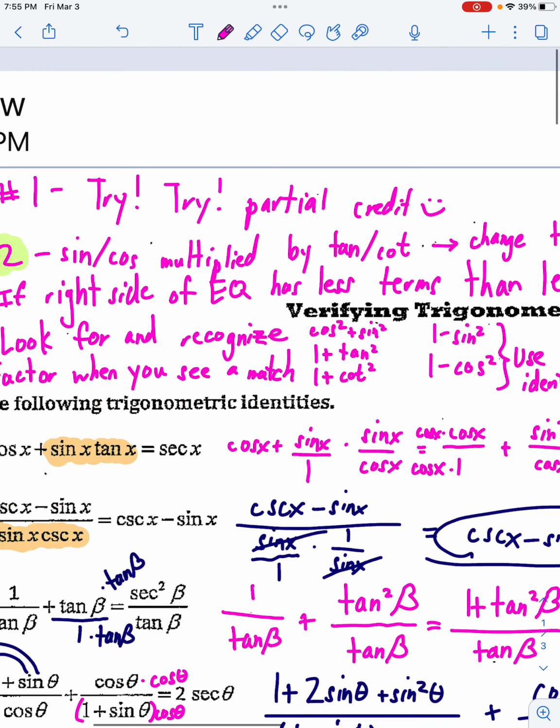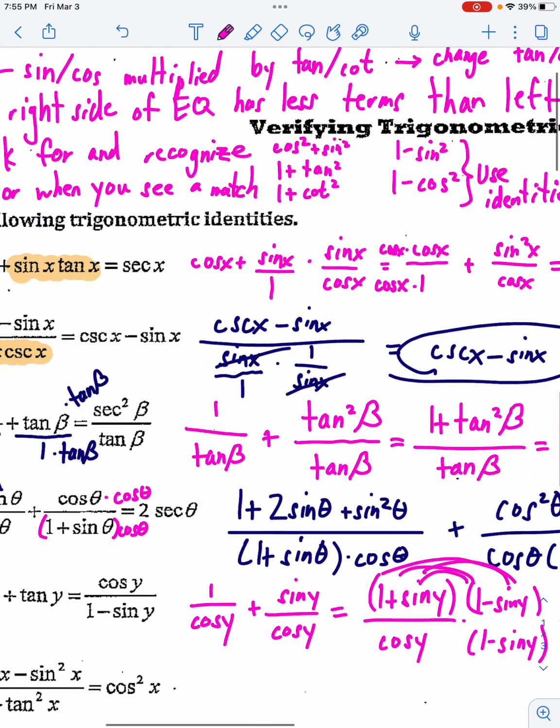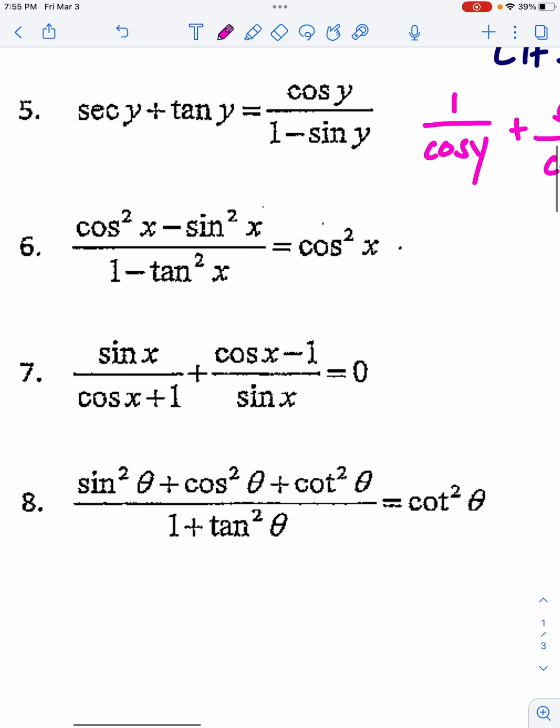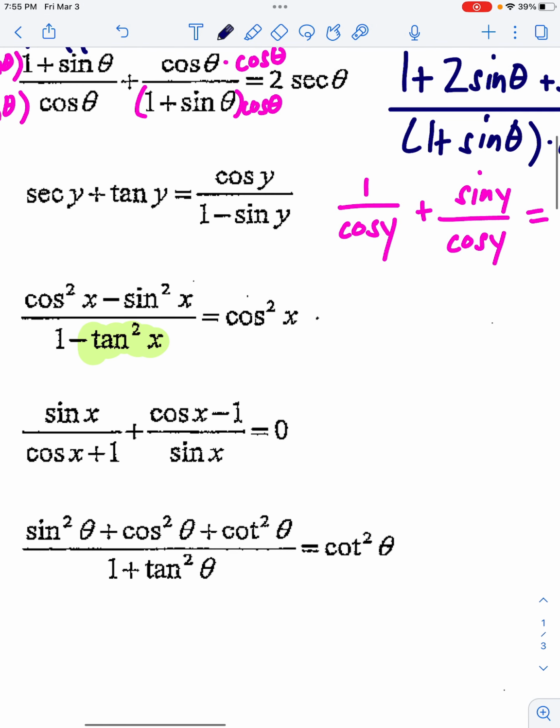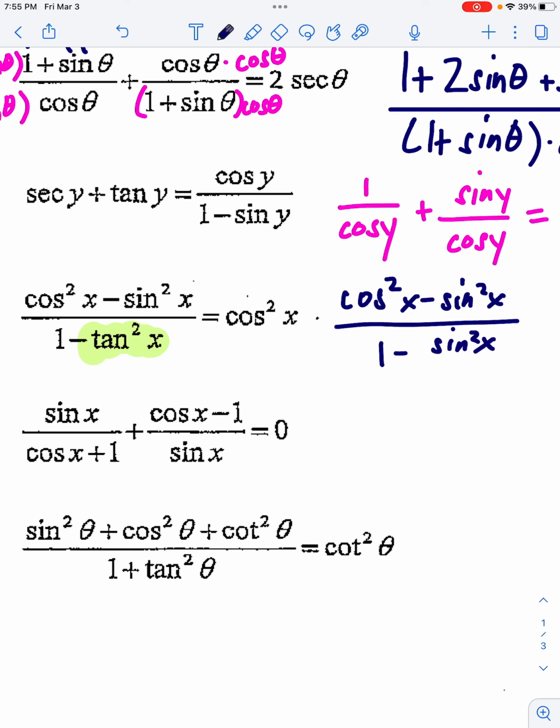So just try, when you see a tangent or a cotangent, changing it into a fraction, okay? So the left side becomes cosine squared minus sine squared all over 1 minus sine squared over cosine squared.